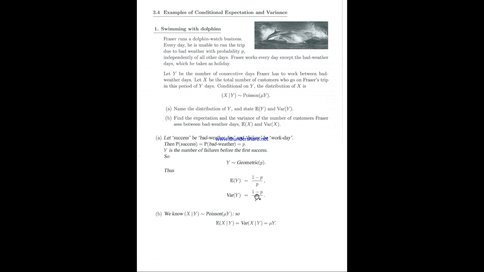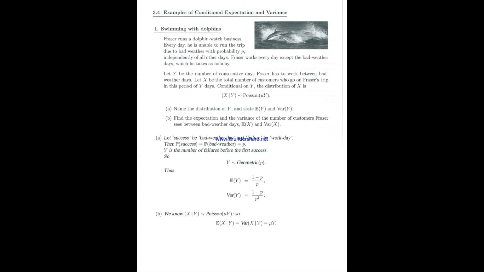So if it's a geometric distribution, we have discussed in our previous lectures that the expectation is 1 minus p over p, and the variance is 1 minus p over p squared.